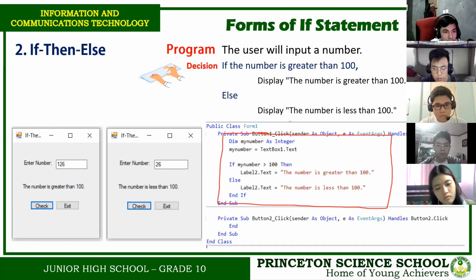In the example given at the left side, the first window has 126, which is greater than 100. So the number is greater than 100, and that will be the output. Otherwise, in the second window, the number is 26, so it is less than 100. So the output will be the number is less than 100. That's all. Okay, so that is correct.